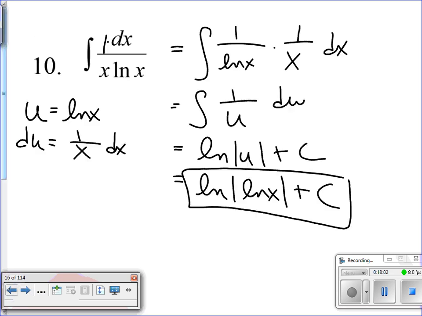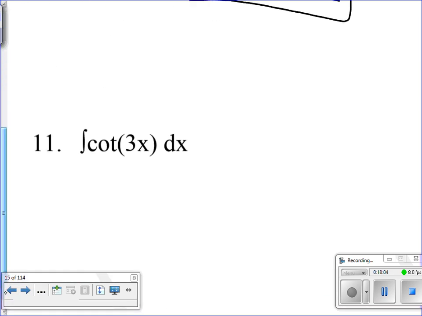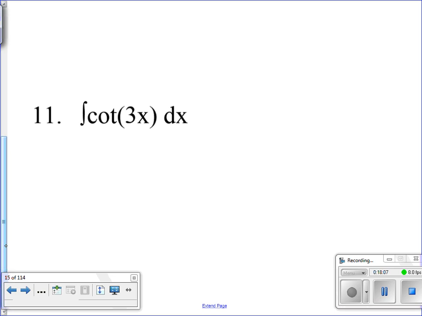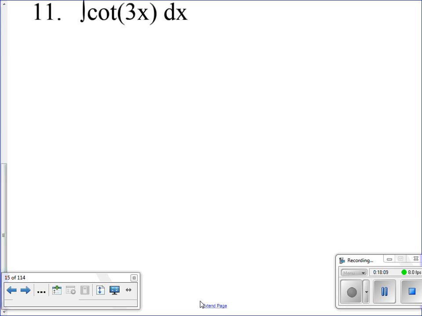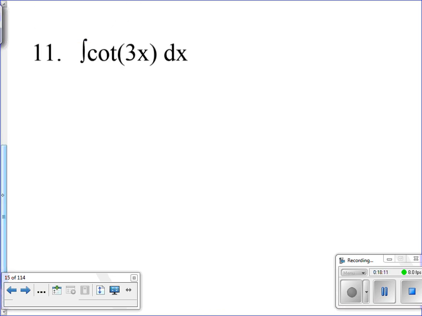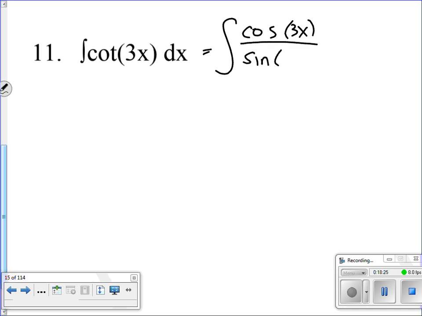Oops, number 11 must be down here. There it is. Okay, 11. If you remember, when you just have to integrate tan or cotan, you need to remember you first must rewrite it as a quotient. Now, cotan is cosine over sine. So we're integrating the cosine of 3x over the sine of 3x.